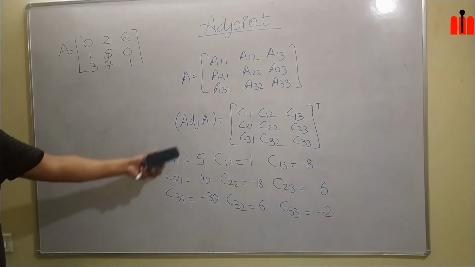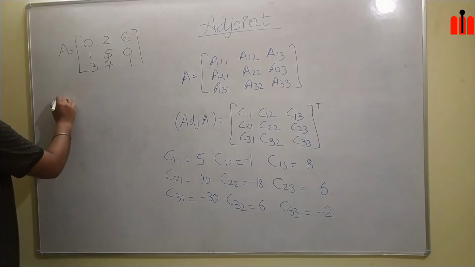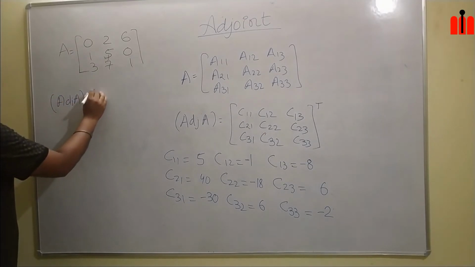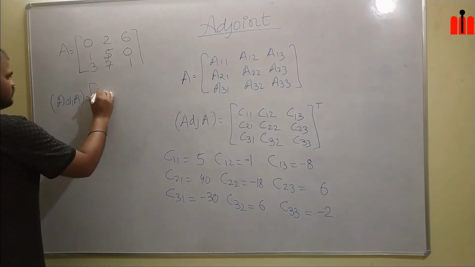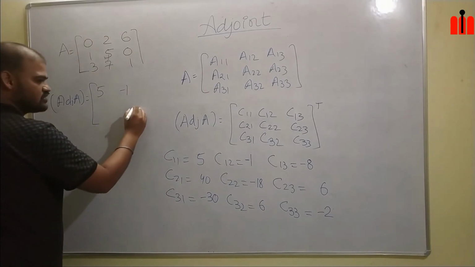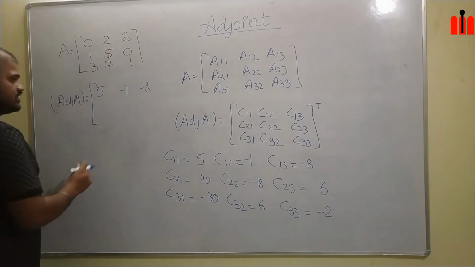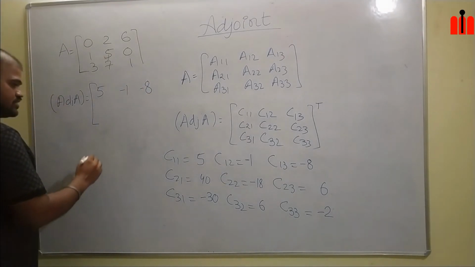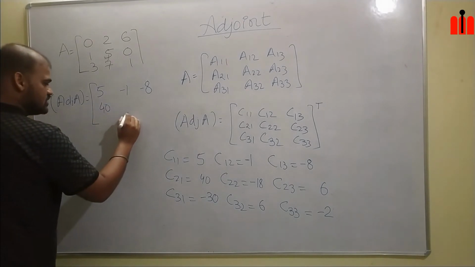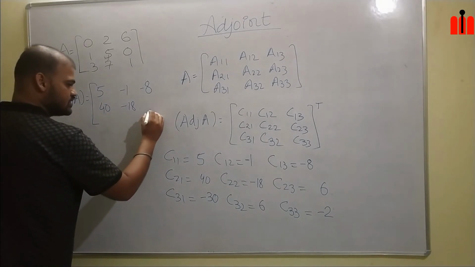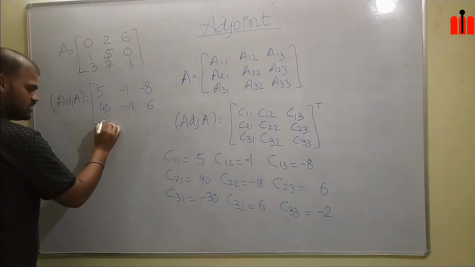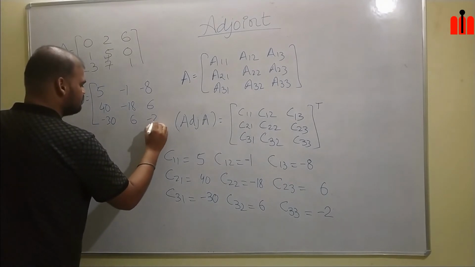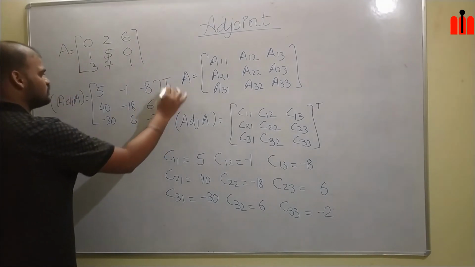Now we will take the adjoint of this matrix A. Adjoint of matrix A will be C11 is 5, C12 minus 1, C13 minus 8, C21 40, C22 minus 18, C23 6, C31 minus 30, C32 6 and C33 minus 2, and the whole transpose of this.